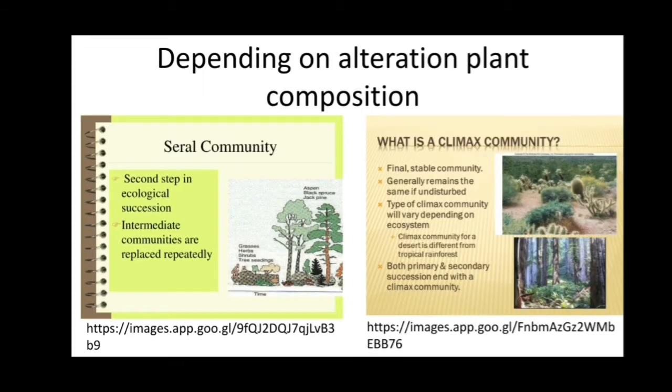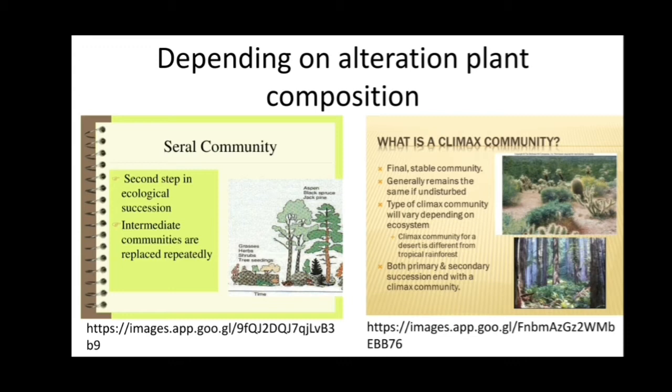Now, the next one. The classification of community depending on the alteration of plant composition: serial community and climax community. What is serial community? It is an intermediate step in ecological succession, and it is replaced rapidly. And number two is climax community. What is climax community?